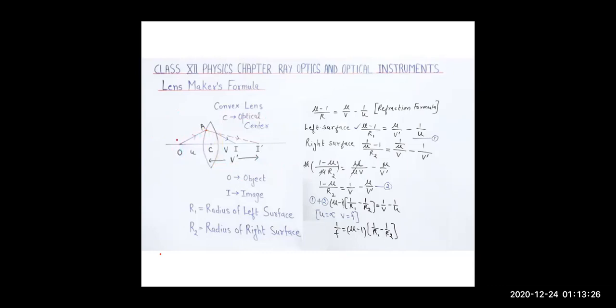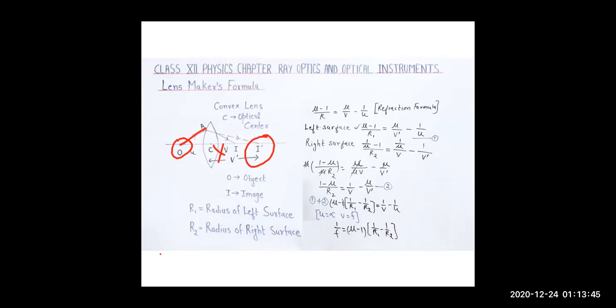Right, beta? O is the object. If we draw the incident ray and suppose the right surface is absent, then where will the image of O be formed, beta? The image of O will be formed at I dash. I dash is the image of O if only the left surface is present.